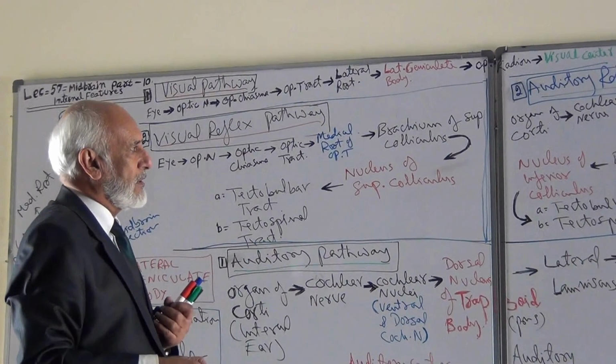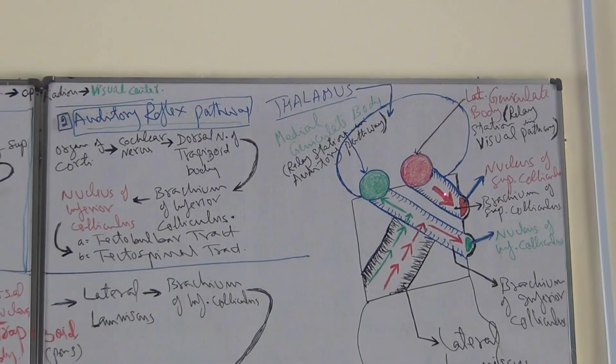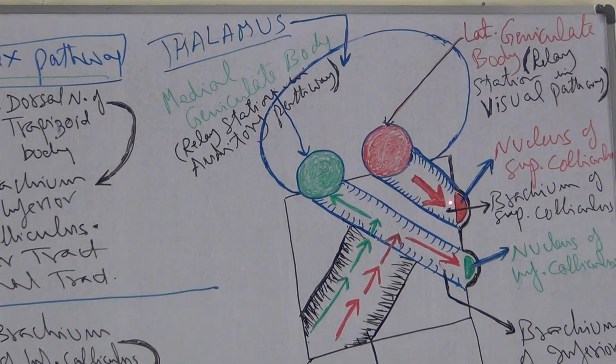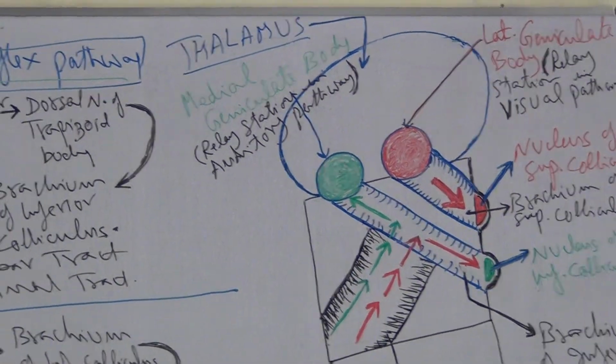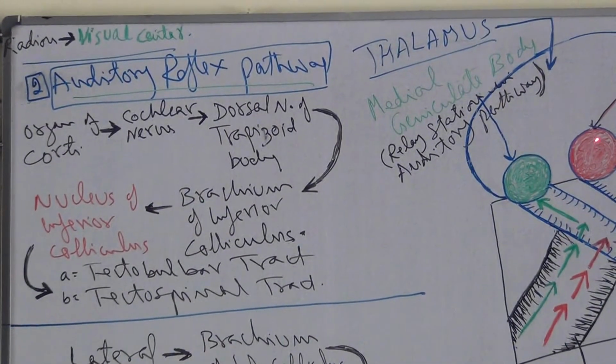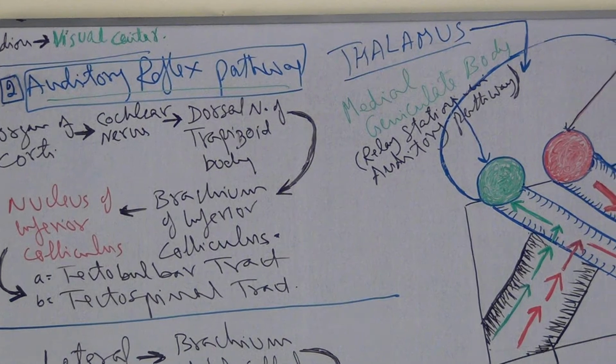So the brachium of superior colliculus and the nucleus of superior colliculus belong to the visual reflex pathway, while the lateral geniculate body is a relay station in the visual pathway.